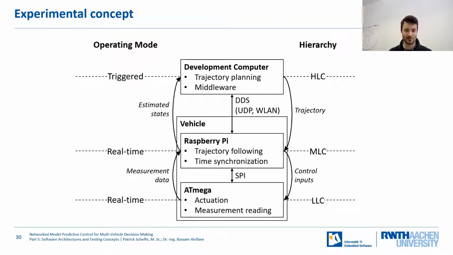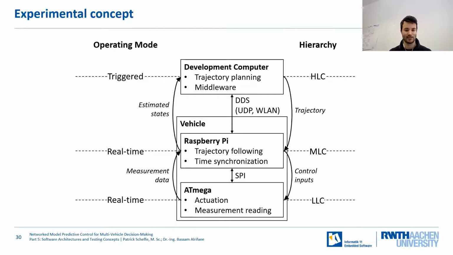And then we send the trajectory to the vehicle, where it is received on the Raspberry Pi, which plays the role of the mid-level controller. So in the case of the trajectory following mode, it computes the control actions to follow this trajectory. It also takes care of time synchronization.